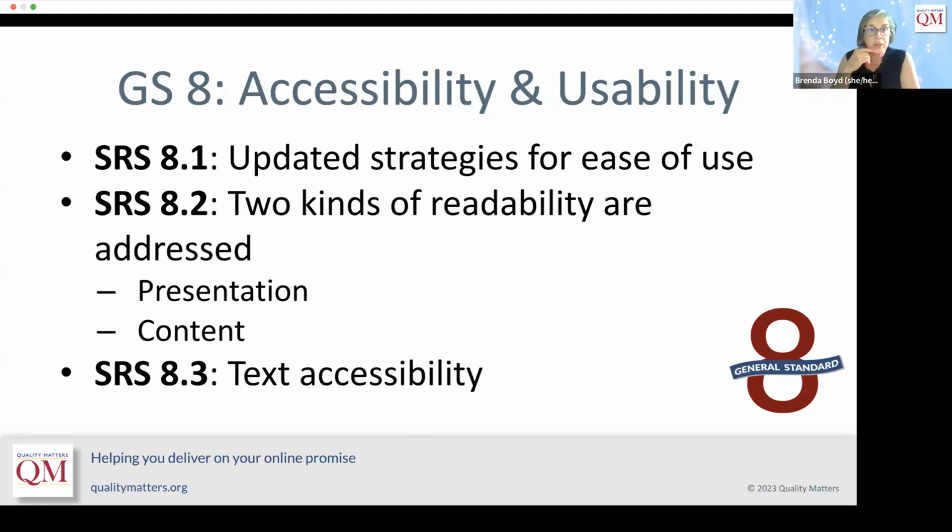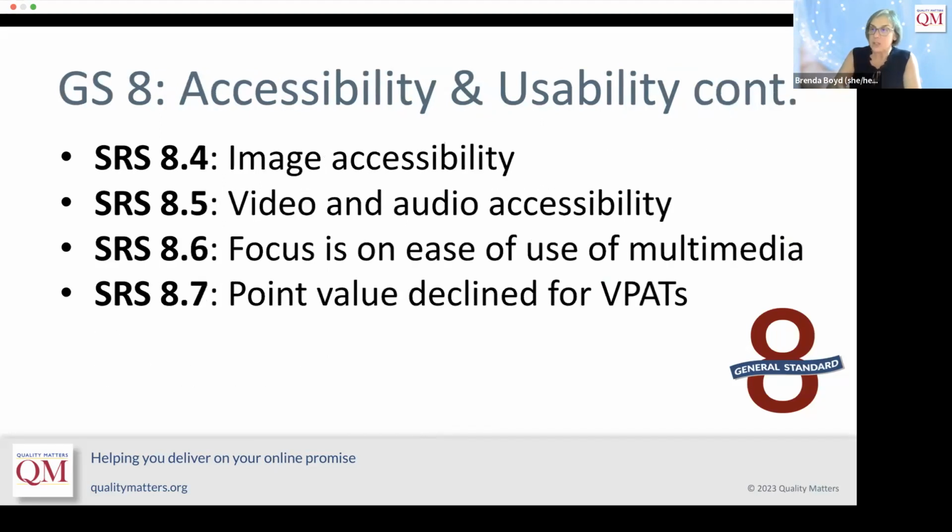And so 8.3 has been split in 2 again in the 7th edition. It was previously text and images. That's the one you all know and love. And now it is just text. The text is accessible. And then 8.4 is about images. So we broke that one standard into 2 so that those things could be reviewed separately.